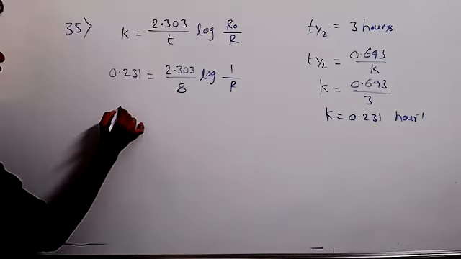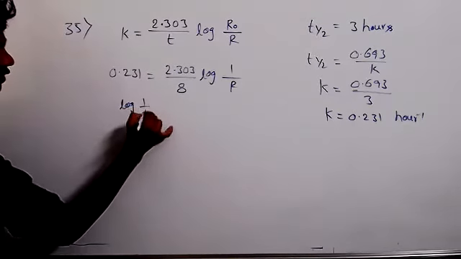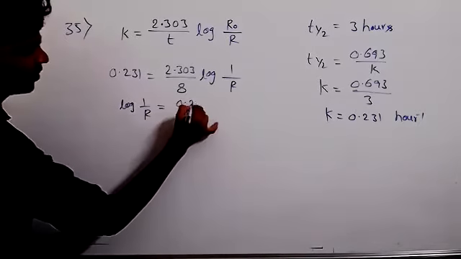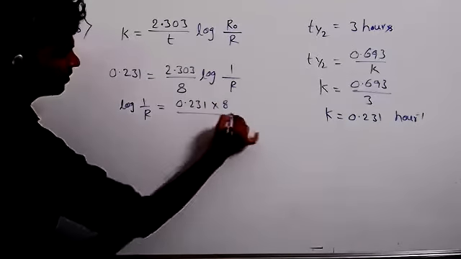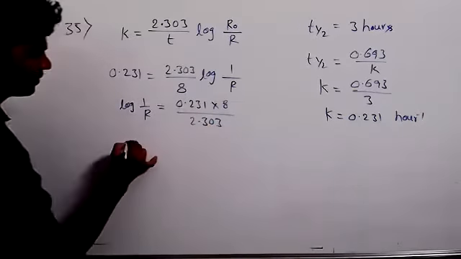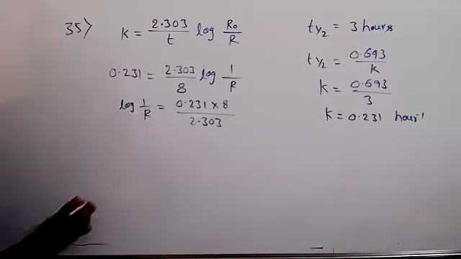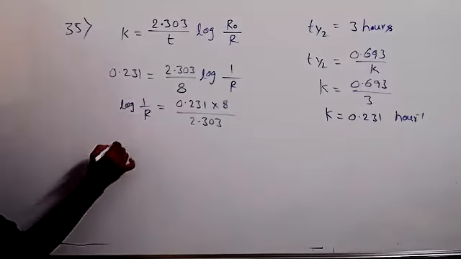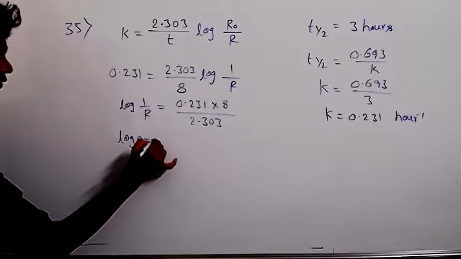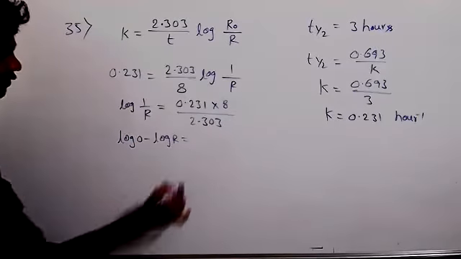So 0.231 into 8 divided by 2.303 equals log 1 minus log R. Log 1 is 0, and we have the log R value.